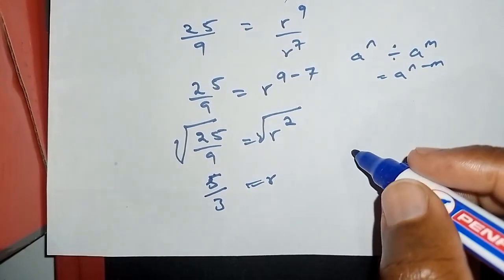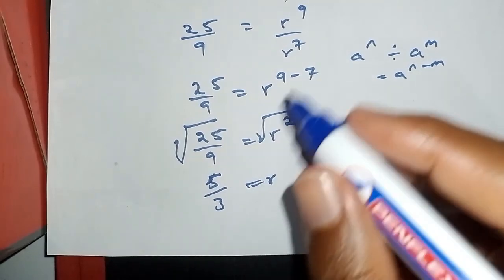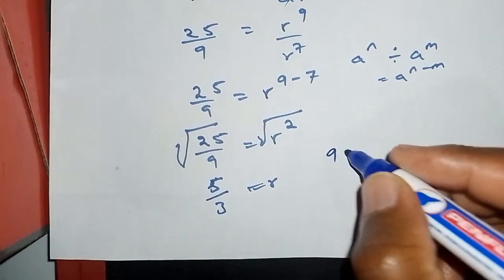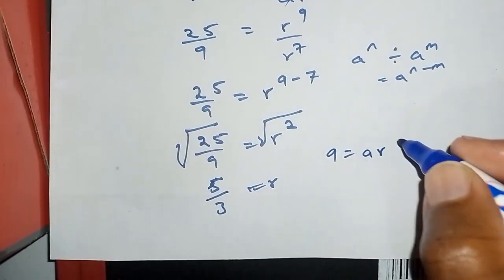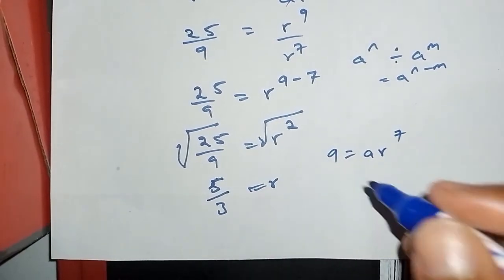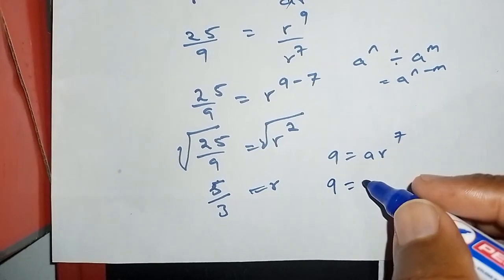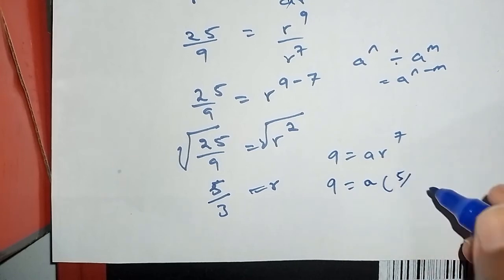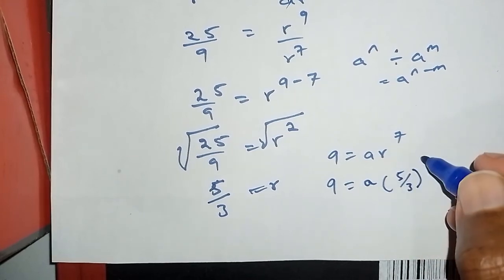I can just take one of the two equations and substitute r. Let me take the first equation. I have 9 is equal to ar to the power 7. I don't have a, but I have r, which is 5 over 3 to the power 7.